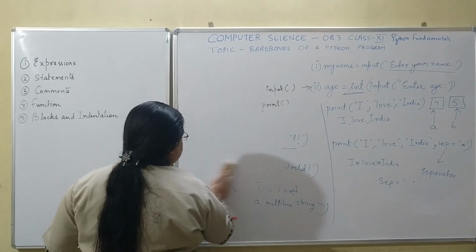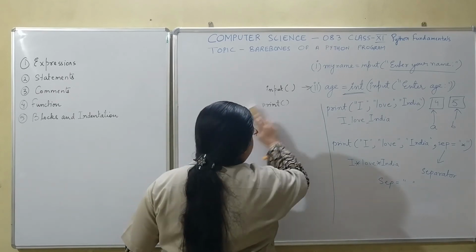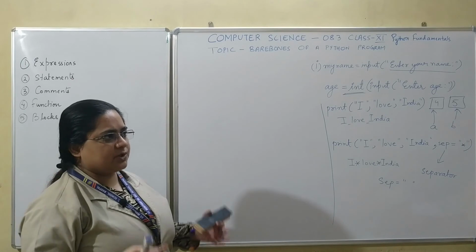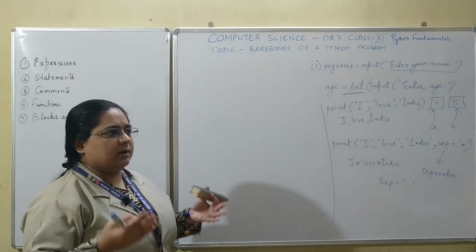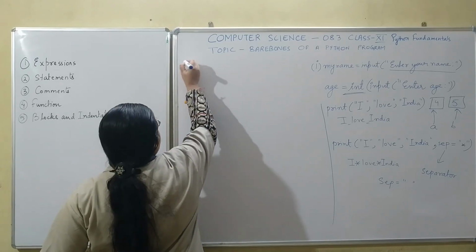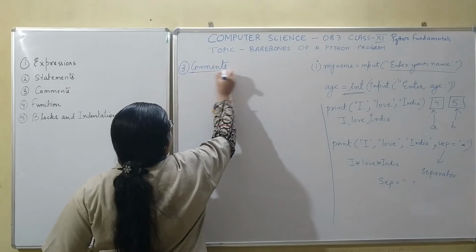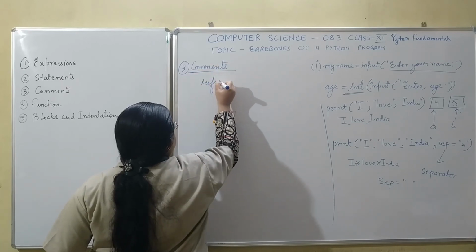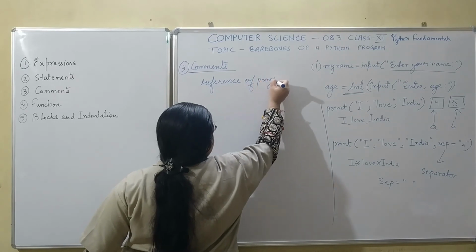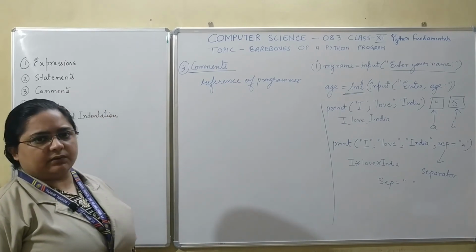Now comments are some extra lines provided in a Python program which are not interpreted by the interpreter. We don't see any output of comment lines on the screen, because comments are only provided for the reference of the programmer.